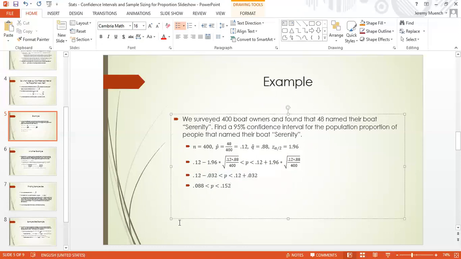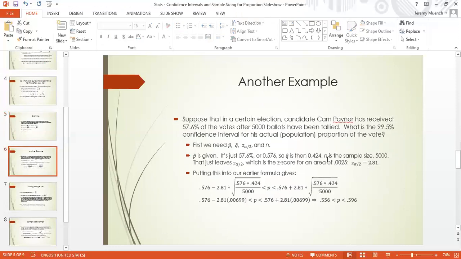Awesome. So that's it. This is all we need. This is all that confidence intervals for proportion will do. It's the same exact idea as confidence intervals for the mean. It's just using proportions.